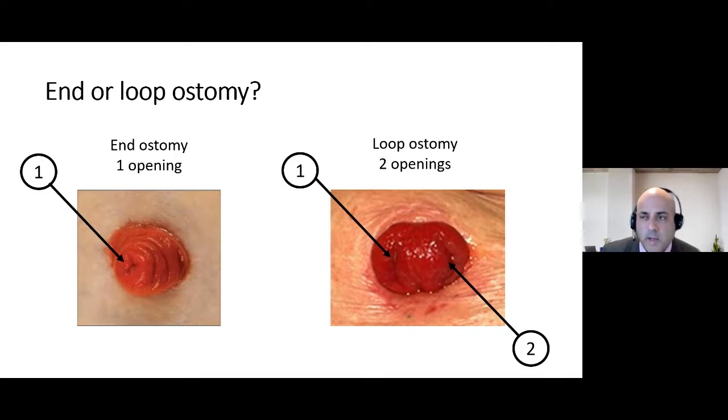And this is done usually because it's a temporary ostomy, and it can be closed, or what we call reversed, at a later time. The reason why I mention that is that from one of the openings, there will be bowel movement which will come out, and the other opening, there may be a bit of mucus that will come out, but we don't normally see that because it gets mixed in with the bowel movement. The reason I mention this, again, is that people with a loopostomy are more at risk of developing peristomal skin complications because the overall ostomy usually does not stick out as much as a typical endostomy.